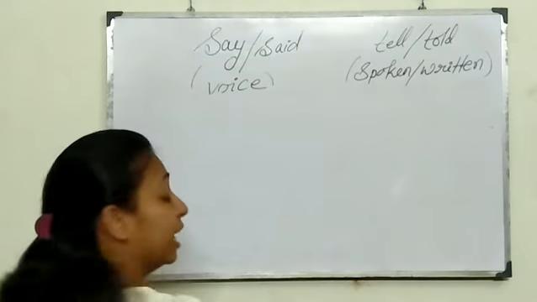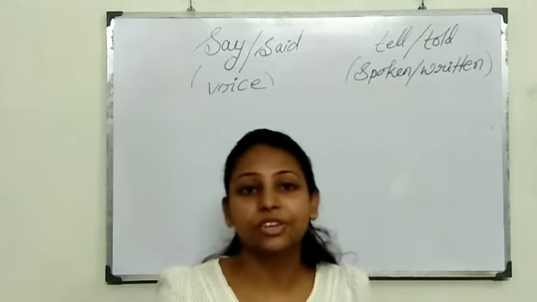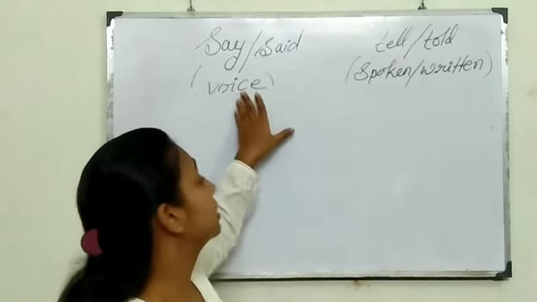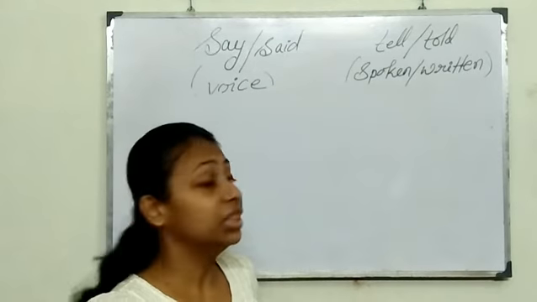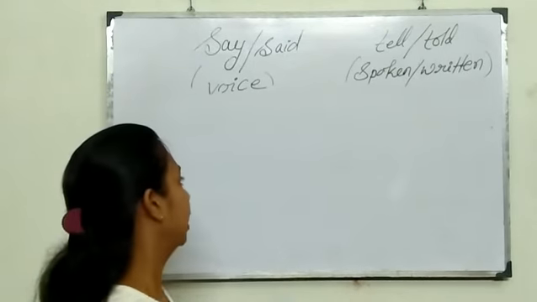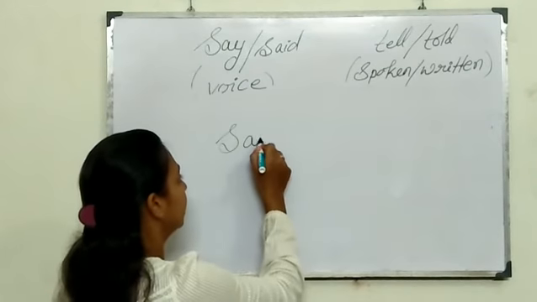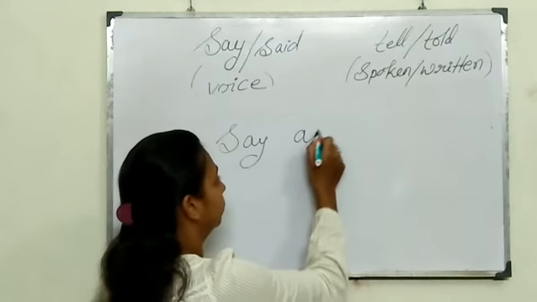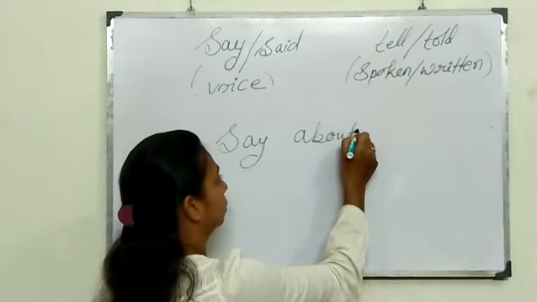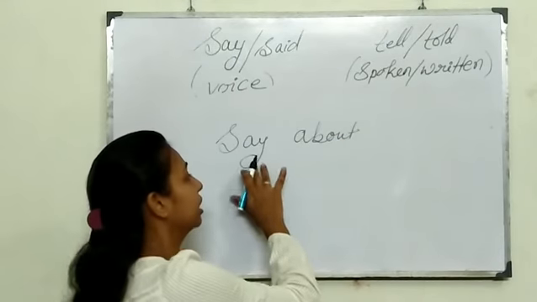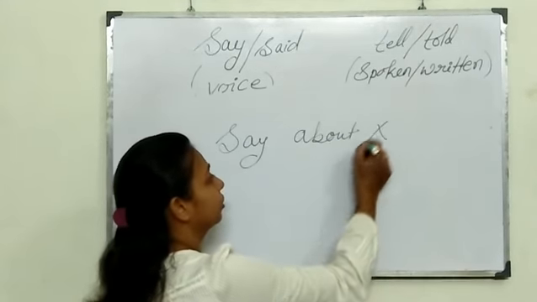Now, at the end, I would like to give one more piece of information about the use of say or said with about. If you want to use say with about, then you cannot use say about directly. This is going to be wrong.